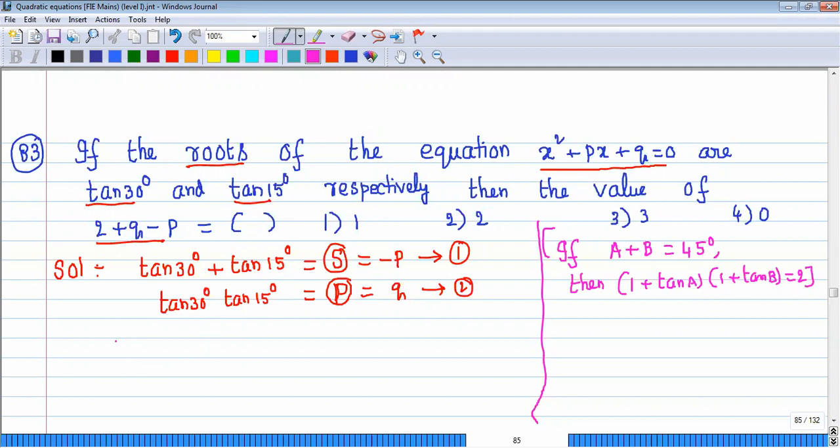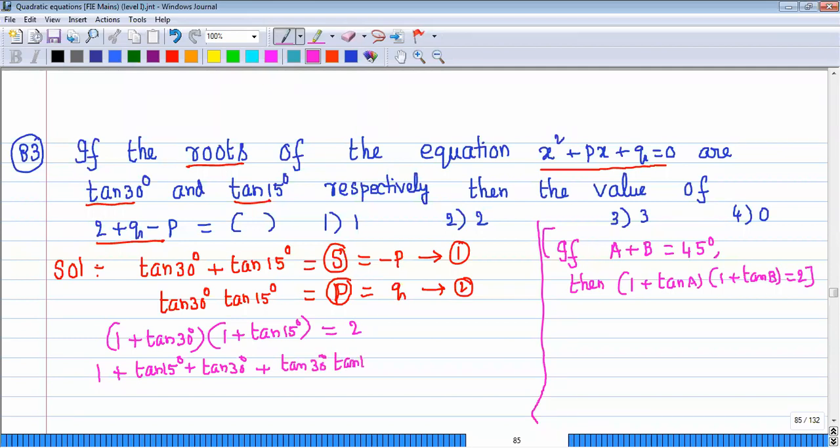So we can have 1 plus tan 30 into 1 plus tan 15 should be equal to 2. Open the brackets: 1 plus tan 15 plus tan 30 plus tan 30 into tan 15. Even if you do not know the values of tan 15 and tan 30, we can find out.